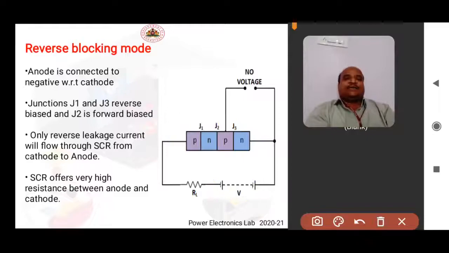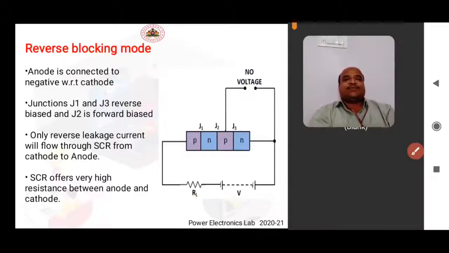Only the reverse leakage current will flow through the device. Due to the depletion layer across J1 and J3, SCR offers very high resistance, so a very small current will flow through the device. Now the device is said to be in reverse blocking mode.